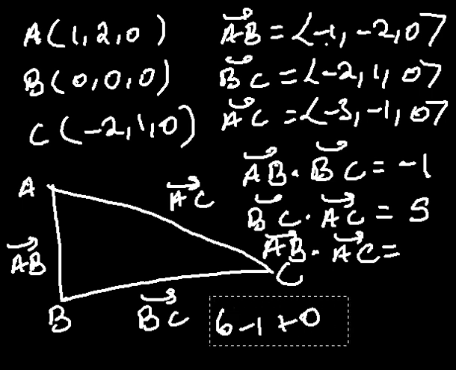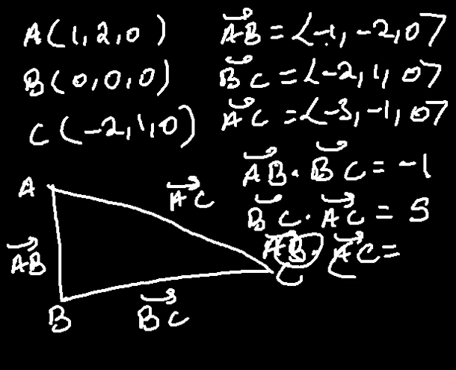To do more, we need to go for another dot product of these two vectors. Now vector AB dot vector AC. Negative 1 times negative 3 is a positive 3.